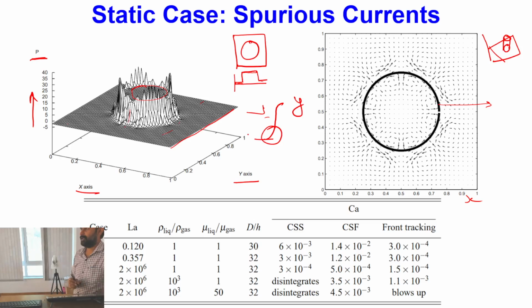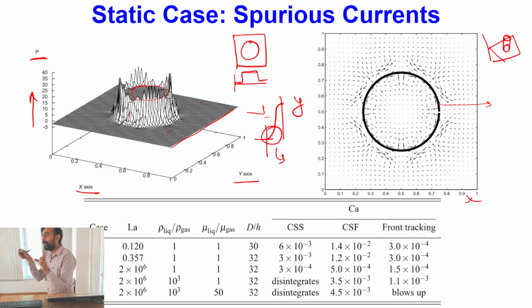And of course, the thickness of this gradual rise can be controlled by decreasing the cell size. If I take more cells, then the thickness of this gradual rise can be decreased. Is this point clear?